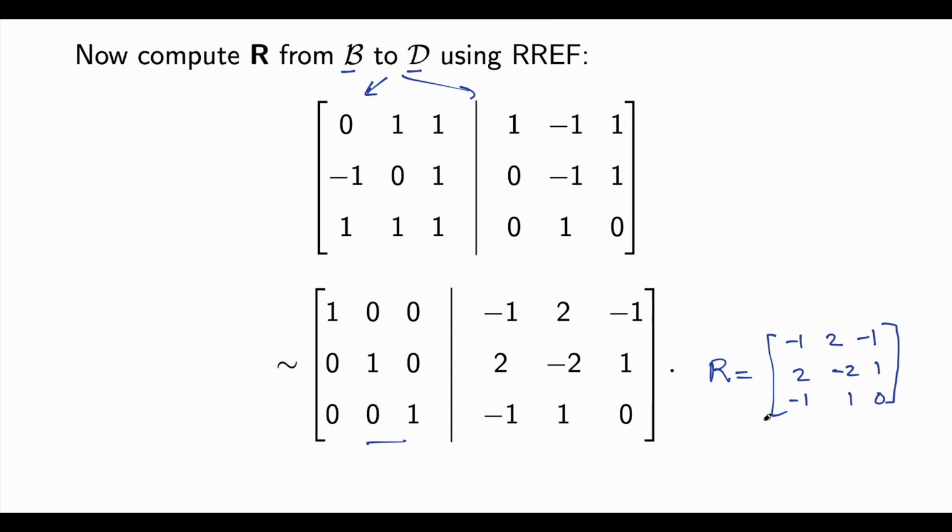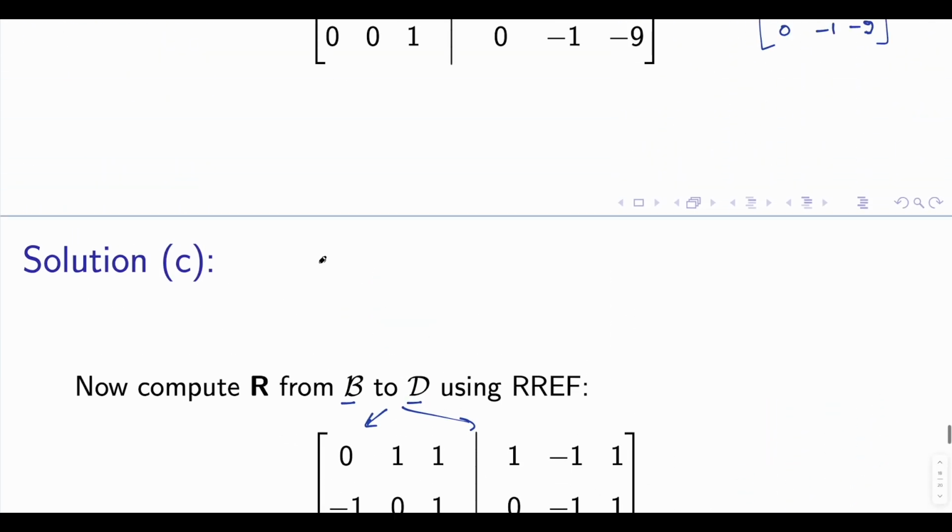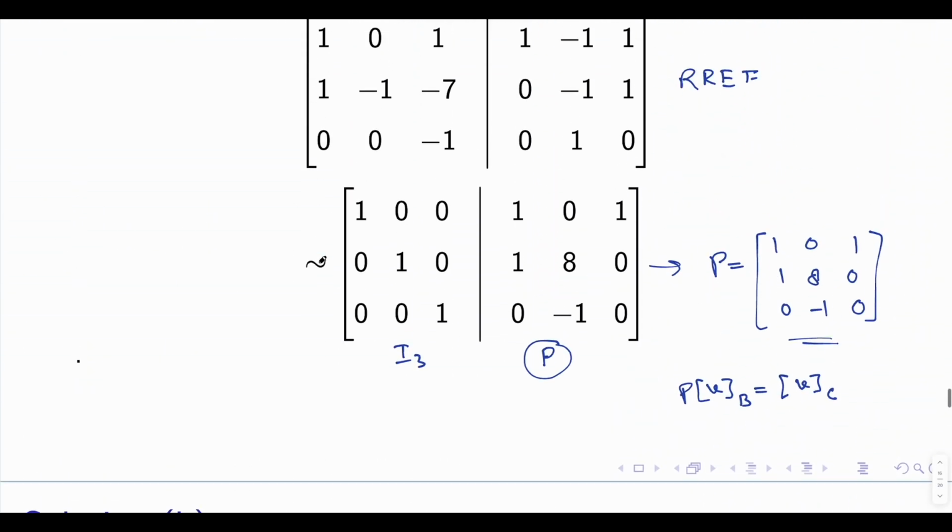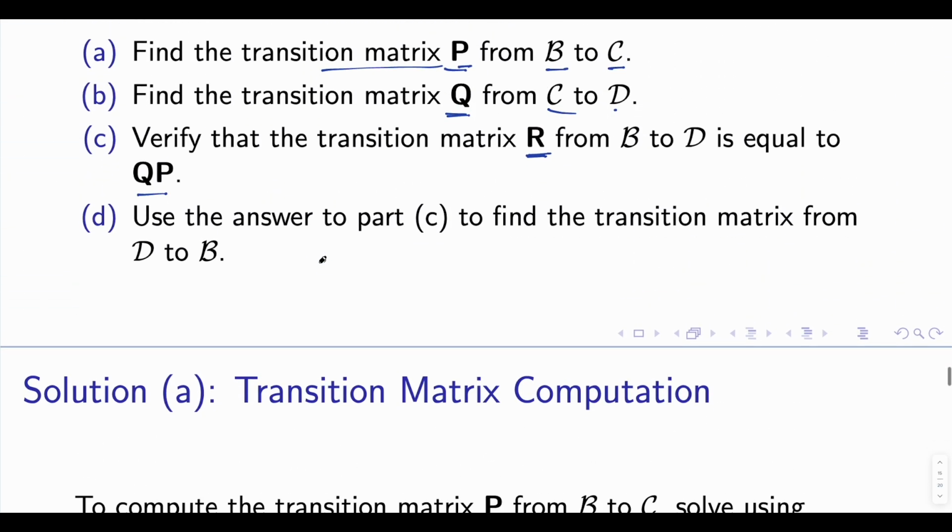So once the R matrix is in our hand, we do the method, because they want you to verify. Verify means verify this transition matrix is equal to the product of Q and P. Q and P you have already obtained. Just multiply and check whether this is equal or not.